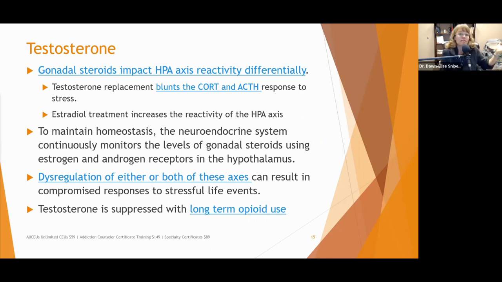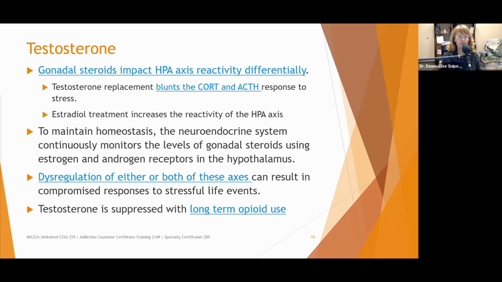And as just a little aside, testosterone is suppressed with long-term opioid use. It doesn't necessarily mean somebody who is abusing opioids. There are a lot of people who are on pain management regimens in which they are taking opioids over an extended period of time.